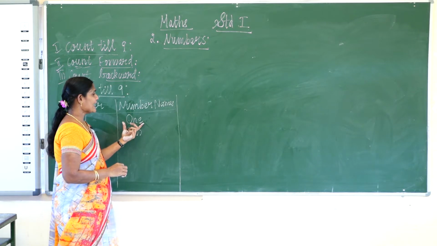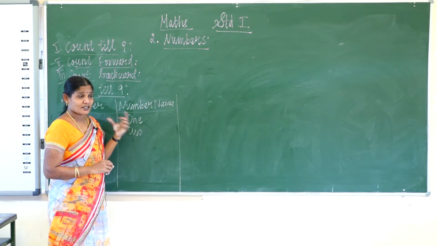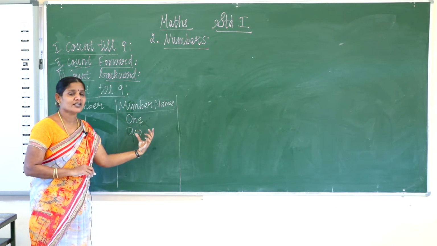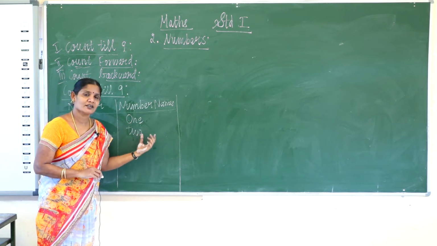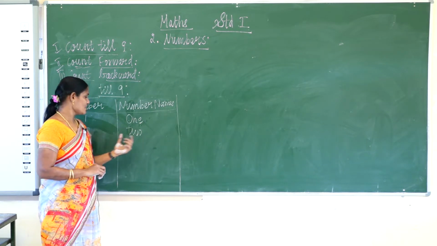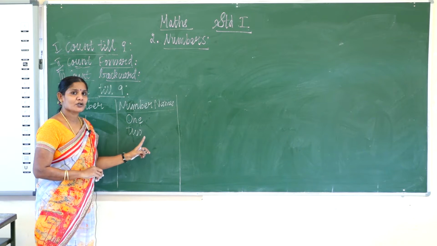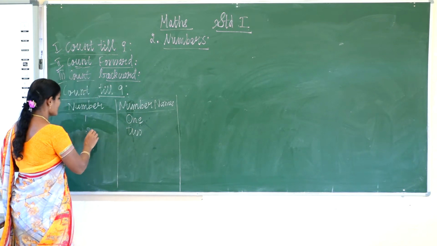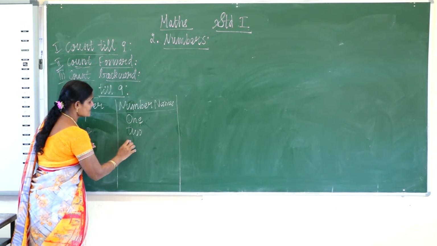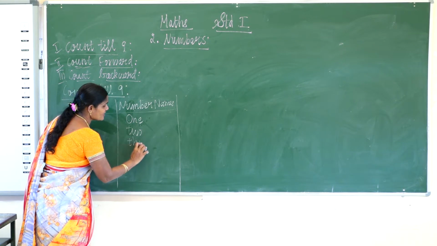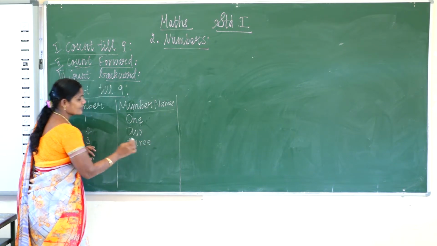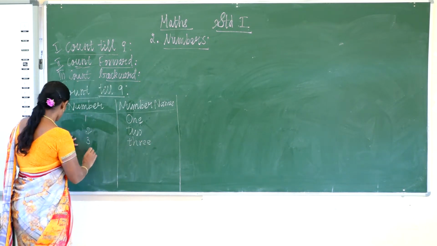This is the number names. So O-N-E, 1. Then 2 means T-W-O, 2. Then 3. What's the spelling for 3? T-H-R-E-E, 3. Then 4.